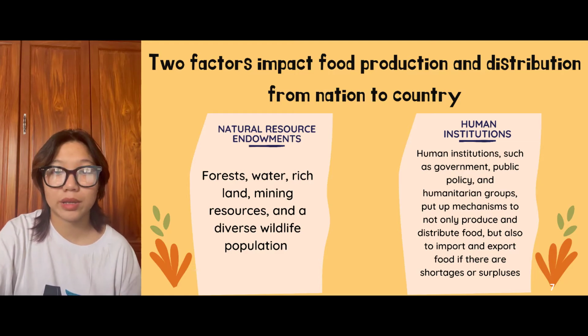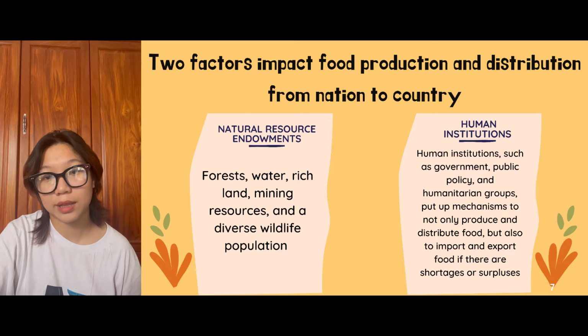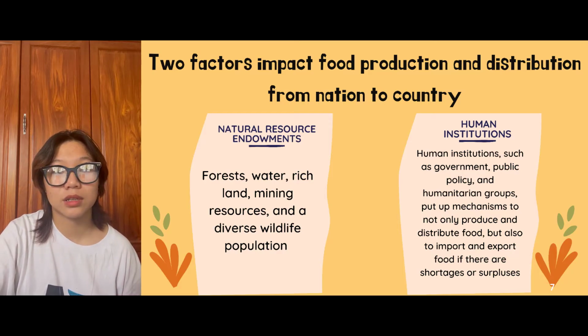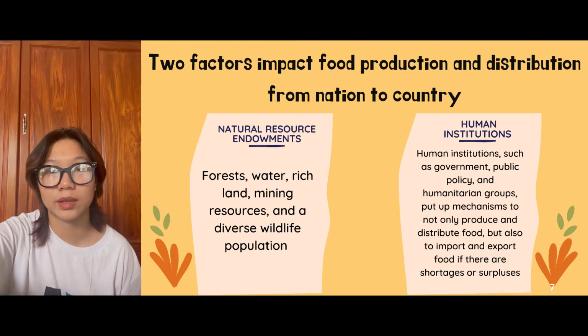How much a country can create for its own people is determined by the quality of natural resources it has. Human institutions such as government, public policies, and humanitarian groups decide not only how to produce and distribute food, but also to import and export food if there is a shortage or surplus.